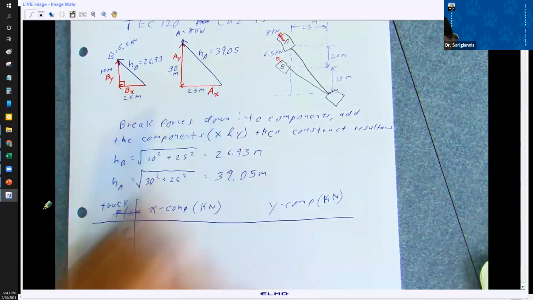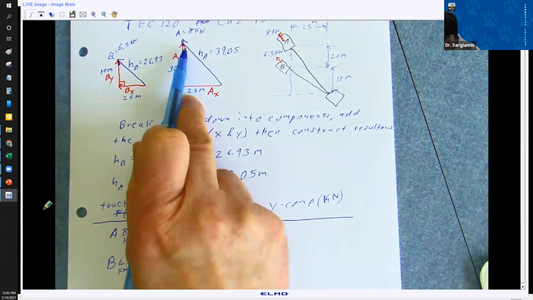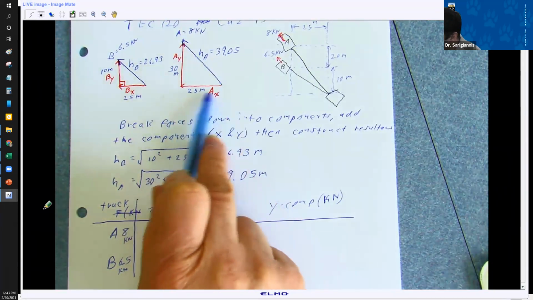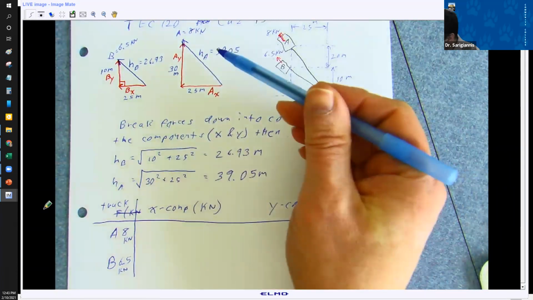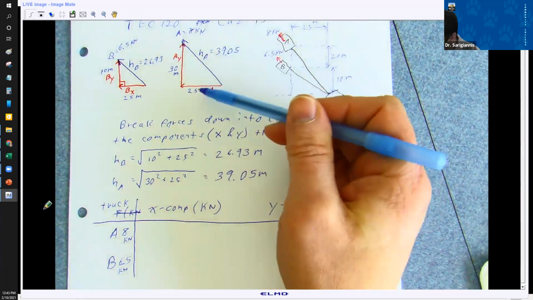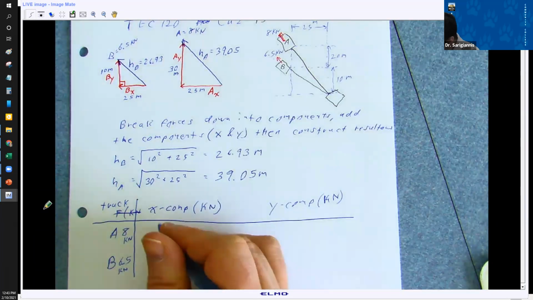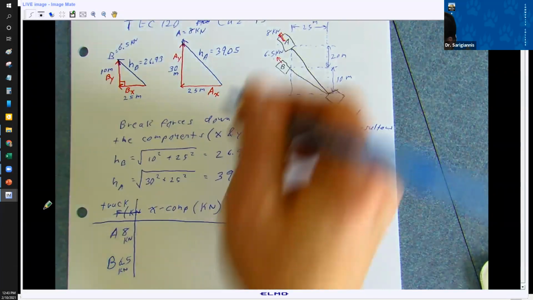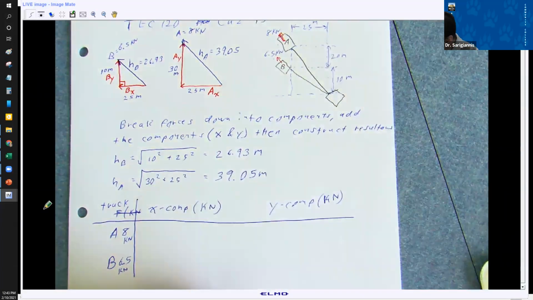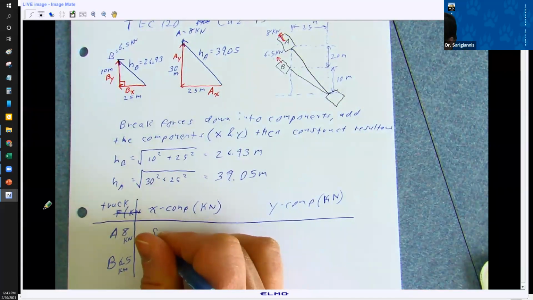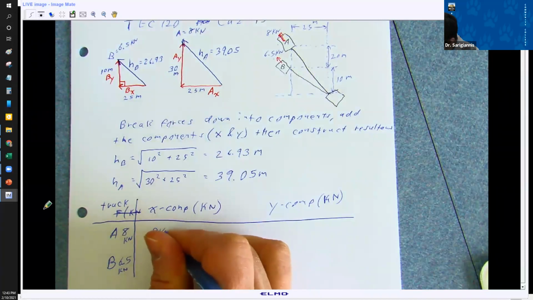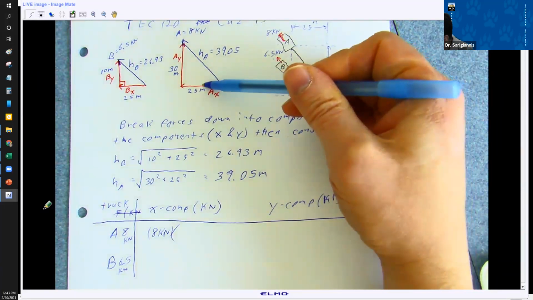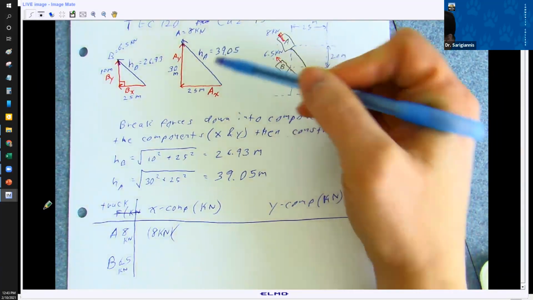We've got a ratio here, right? We know the force is 8 kilonewtons along the hypotenuse, but we don't know AX. But we know the lengths, right? So we could take the force, 8 kilonewtons, and multiply by the ratio of this side to the hypotenuse, right?